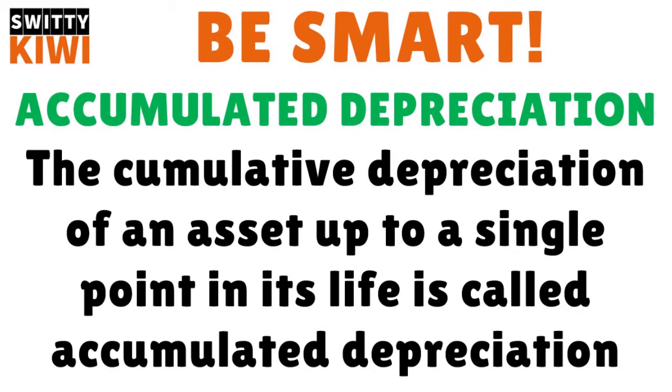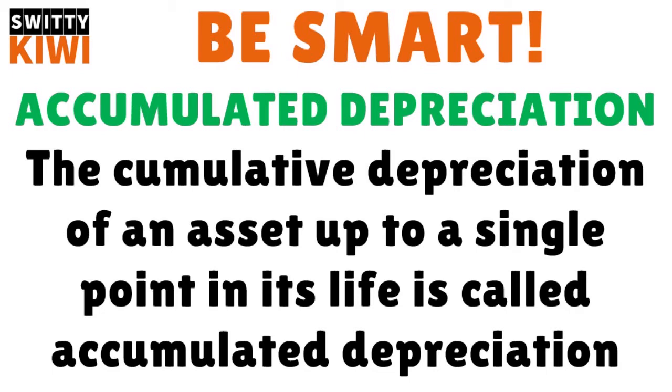For example, let's say you bought a car for 20 grand, $20,000, and you have accumulated depreciation on the car, let's say for the last 5 years, of $12,000. So the book value of the car will be $8,000. Okay, so you take $20,000, the initial purchase price, minus the $12,000, the accumulated depreciation.